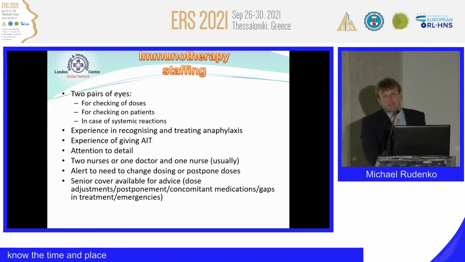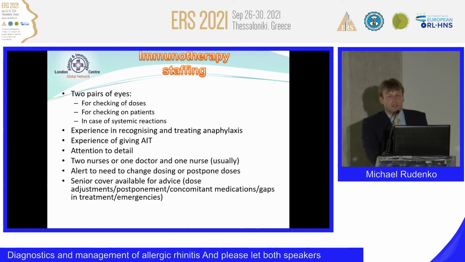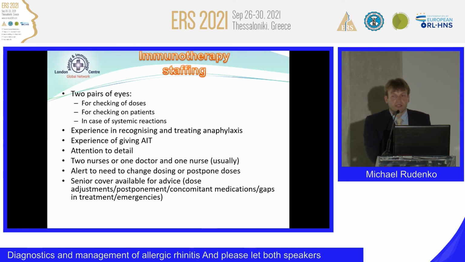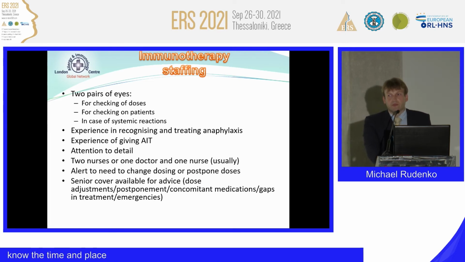It has to be done by 2 people, so you need 2 pairs of eyes to check the doses, to check that you have the right patient, and obviously to help in case of severe systemic reactions. You need to be capable of recognizing severe allergic reaction, anaphylaxis, and be experienced in what you're doing.